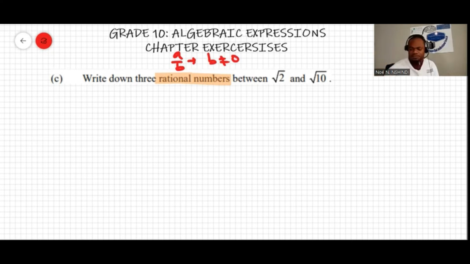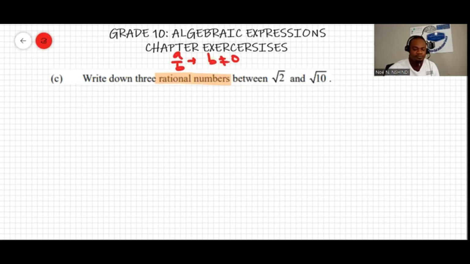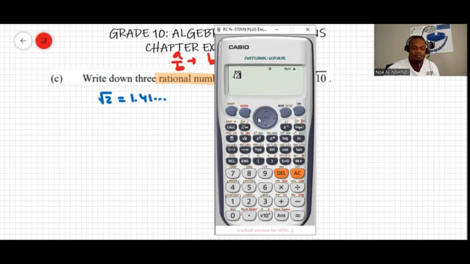Now, if I work out square root of 2, it will be equal to 1.41, etc. So square root of 2 is like 1.41 dot dot dot, and then square root of 10 will be, if I press it on the calculator, 3.16 dot dot dot.